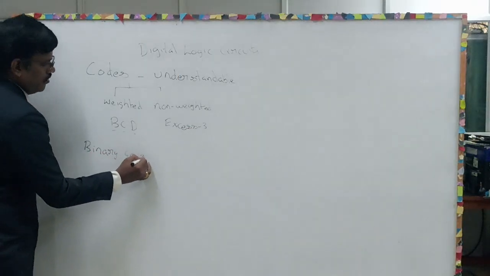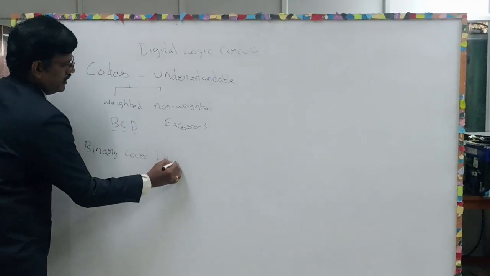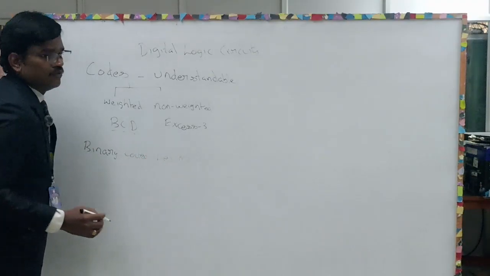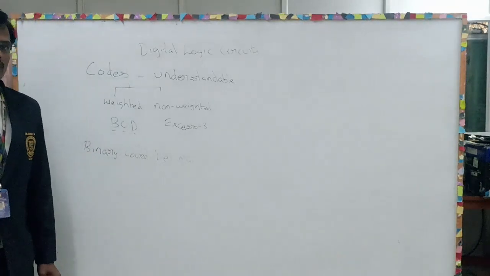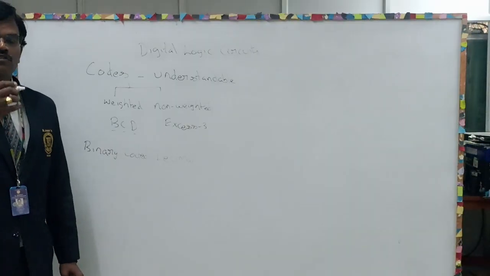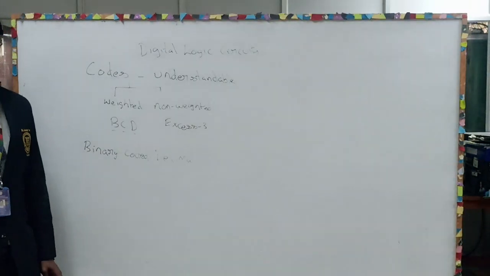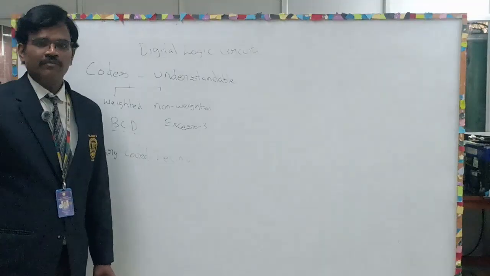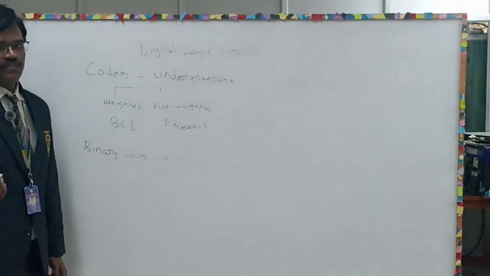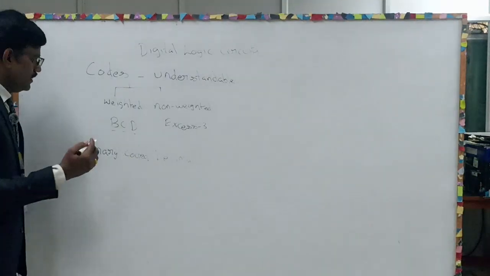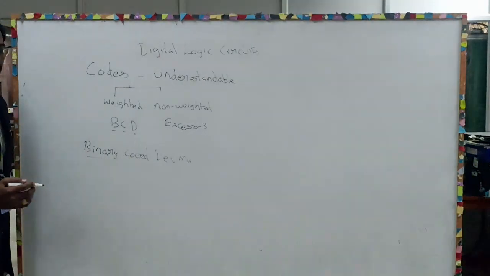binary coded decimal. For humans, we are very comfortable with the decimal numbers 0 to 9, and with decimal numbers we can perform all the addition, subtraction and other mathematical calculations. Whereas the computer systems or the processors easily understand the binary form.